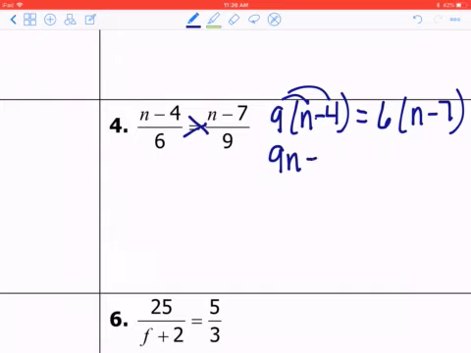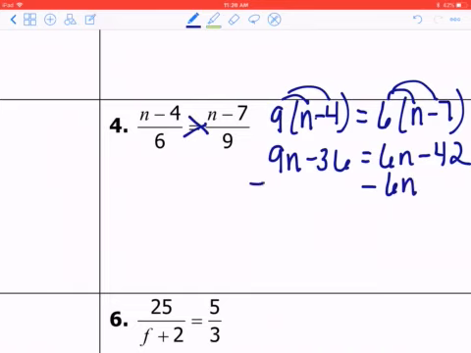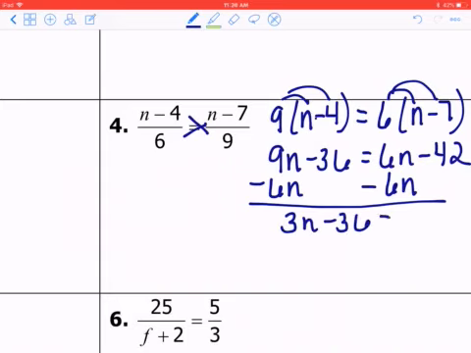So we have 9n subtract 36 equals 6n subtract 42. We have variables on both sides, so I'm going to subtract 6n. It's 9 subtract 6 is 3. Bring everything else down. I'm sorry, that's a negative 42.